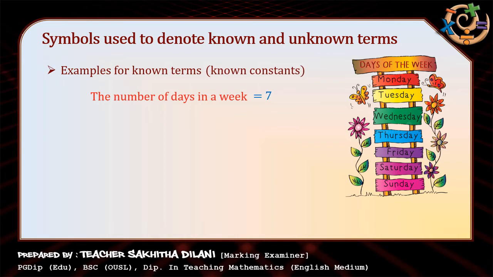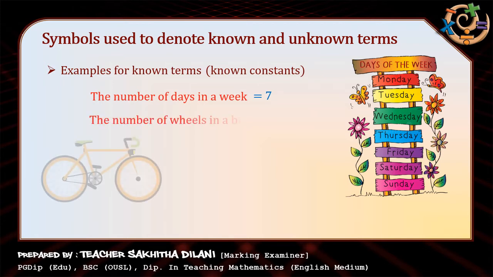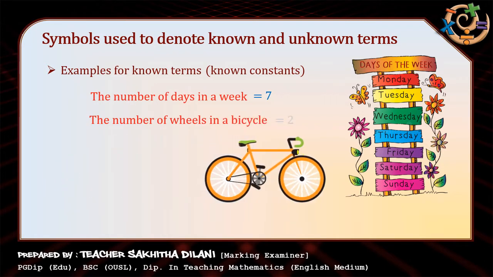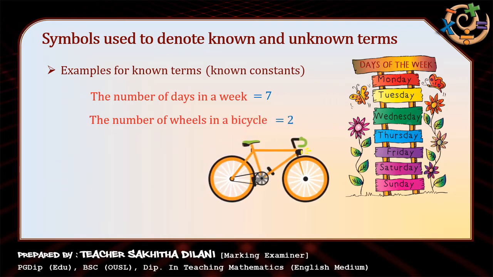Let's consider another example. If I ask you, how many wheels are there on a bicycle? You may say that there are 2 wheels on a bicycle. It is also a known term. That means it does not change and it is known by us.